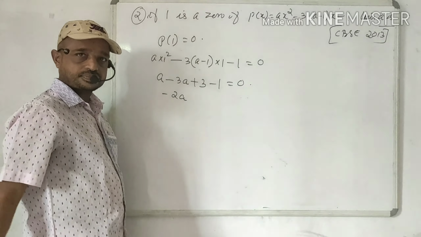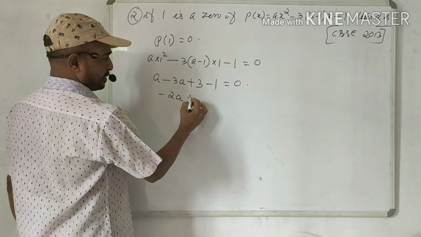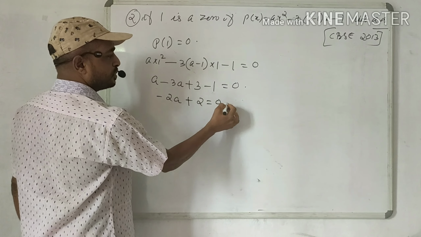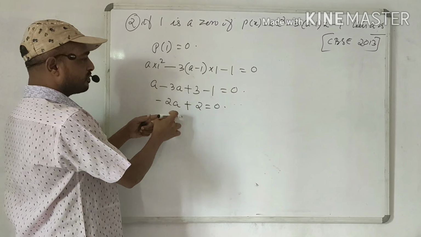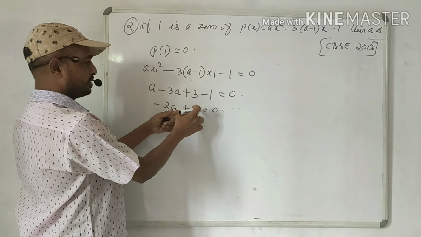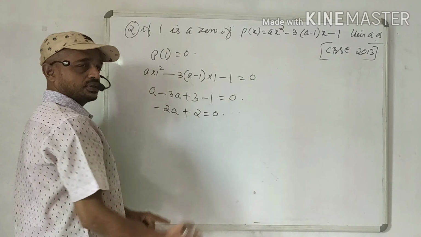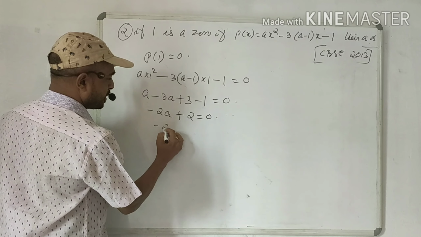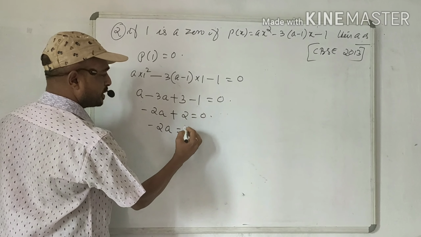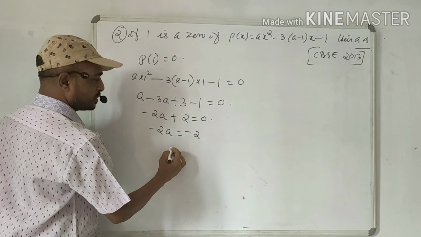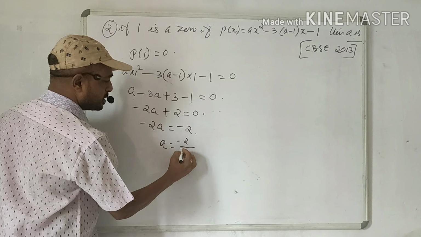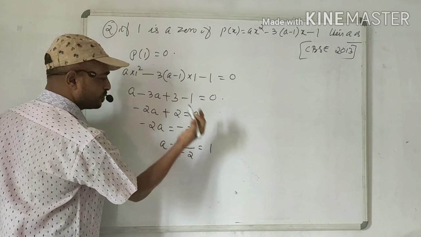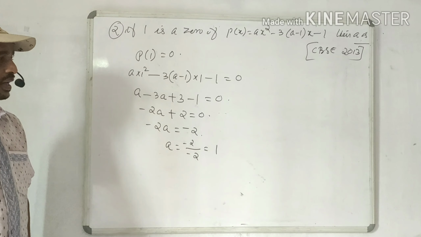It is minus 2a, plus. A will be minus 2 by minus 2, that is equal to 1. So A is equal to 1.